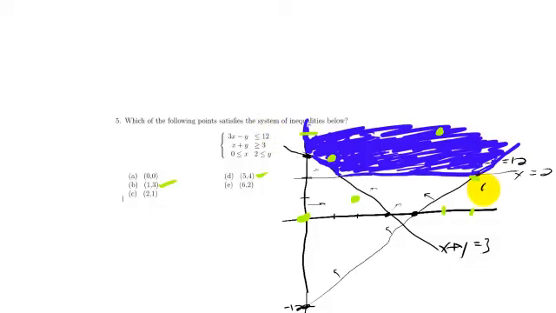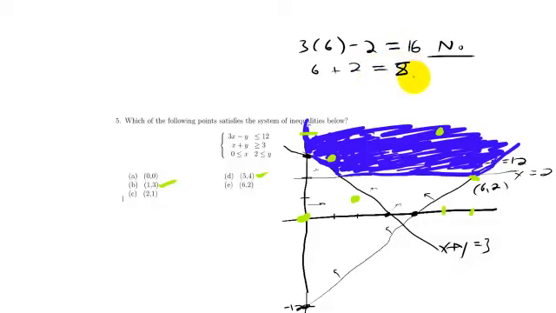It's too close, so let's just plug it into the inequality. 3 times 6 minus 2 is 18 minus 2, that's 16. That is not less than or equal to 12. So no. And 6 plus 2 is 8, which is greater than or equal to 3. So it at least satisfies the second, but it does not satisfy the first, so it is no. So E is no good.